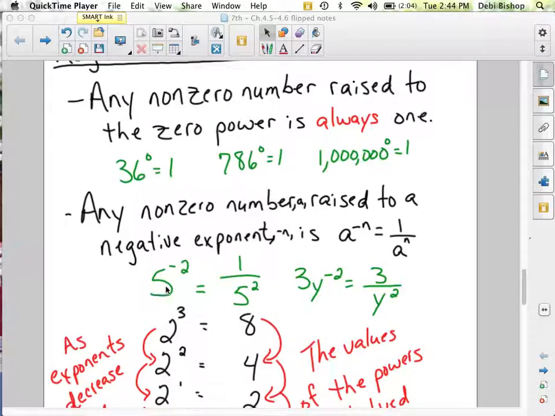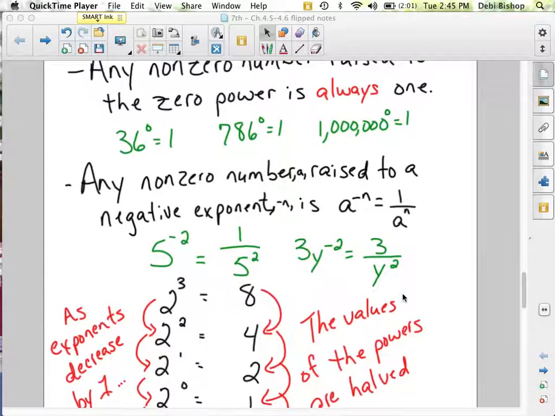For example, 5 raised to the negative 2 is 1 over 5 squared. 3y raised to the negative 2. This can get tricky because your exponent in this case is only connected with the y, not the 3. So your 3 stays in your numerator, and then it's like 1 over y squared. So you get 3 over y squared.